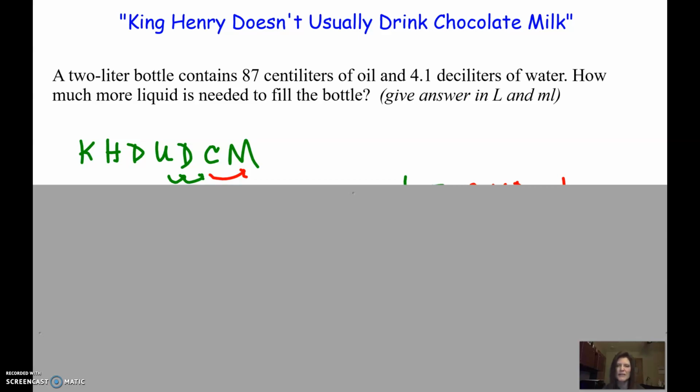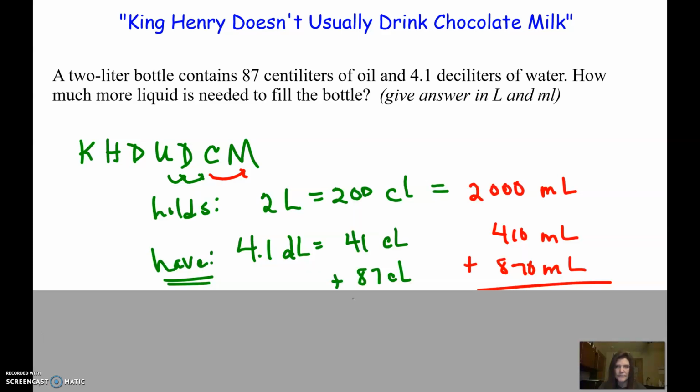I think it's just because I don't want to have decimals if I don't have to. And so that's maybe why I suggest it, but I do think it is easier. So what I'm going to suggest is you pause this for a moment, change your centiliters into milliliters, change your deciliters into milliliters, figure out how much you have and how much you still need. Then we'll talk about the final answer.